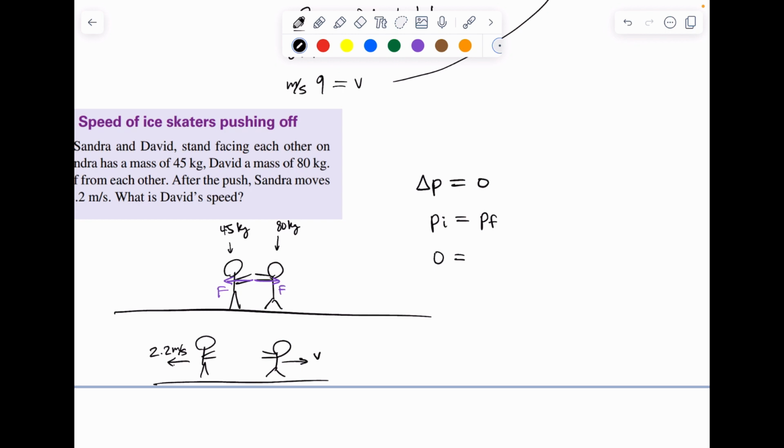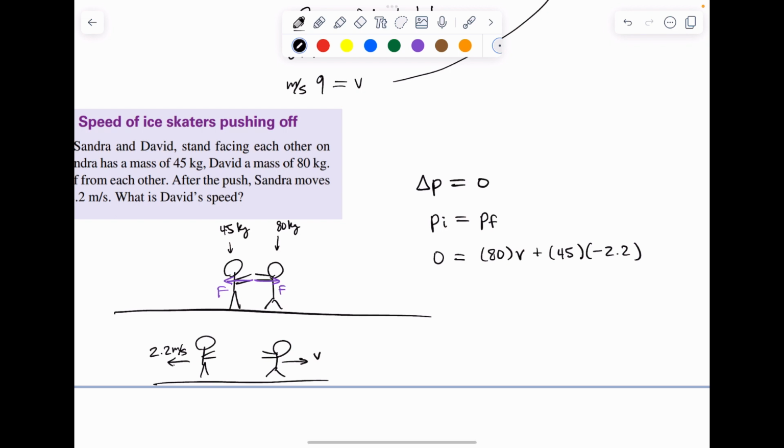Well, let's do David, right? So that's going to be 80 kilograms times positive V, and then we're going to have plus 45 kilograms times negative 2.2, because she's going the other way. So what do we get?